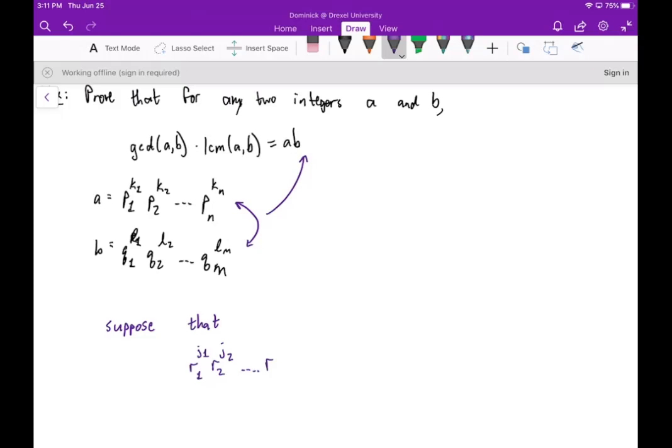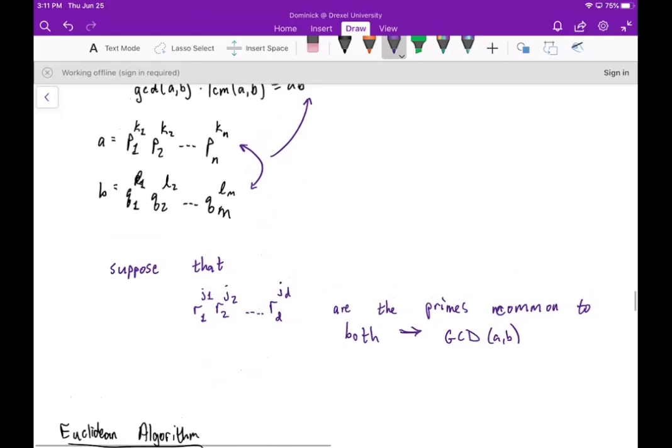Let's say Rd to the Jd are the primes common to both. Right, so in other words, this is the GCD of A and B.